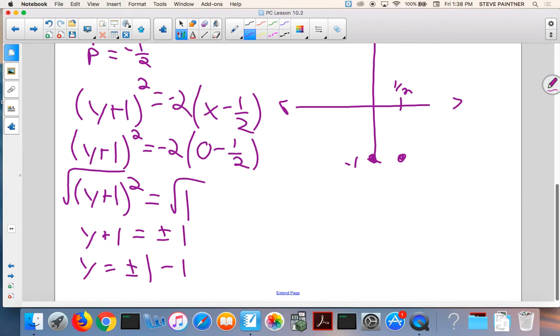What are the coordinates of our 2 points? 0, 0, 0, -2. x value is 0, 1 y value is 0, x value is 0, other y value is negative 2.